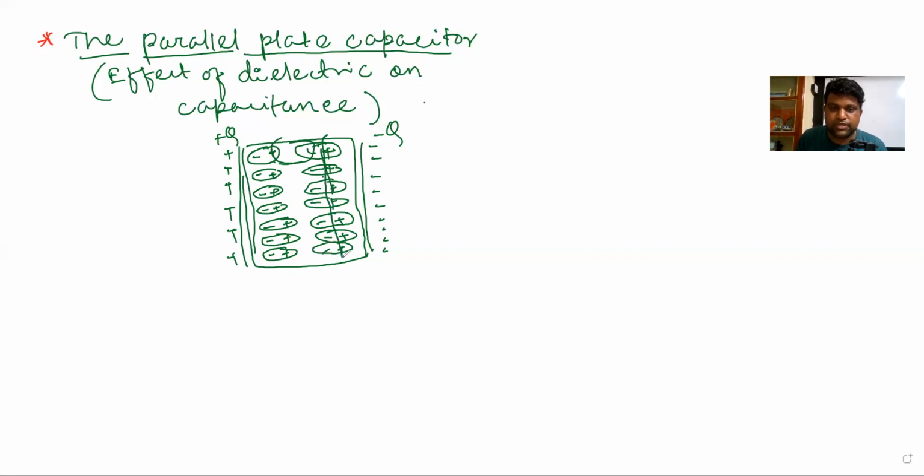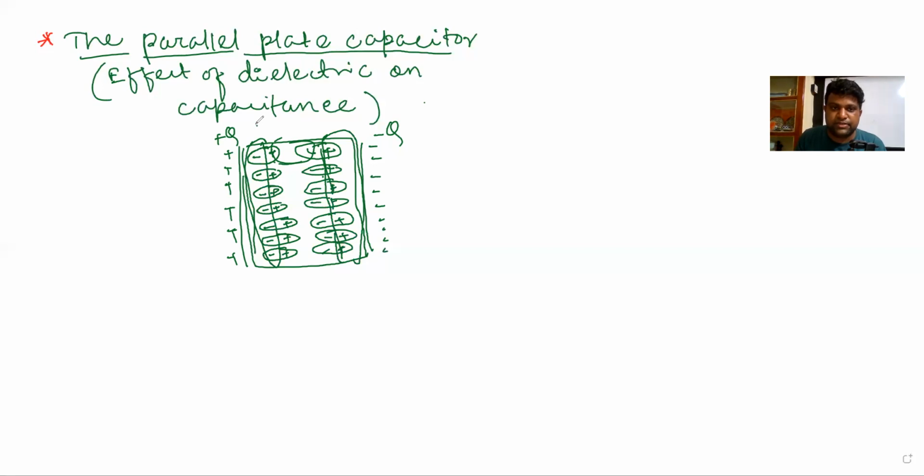The surface which is near the negative plate will generate a positive face, you can say, and one negative surface will be created near the positive plate of the capacitor, right? And these are called the induced charge.